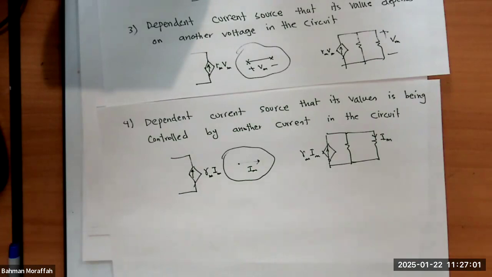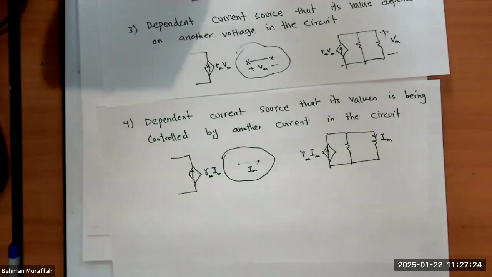So we have 4 types of dependent sources. Again, we're basically treating them the same as a source, right? But what differentiates these from independent sources is the fact that their values are being controlled by something else in the circuit.